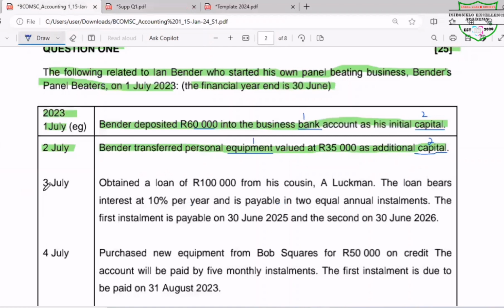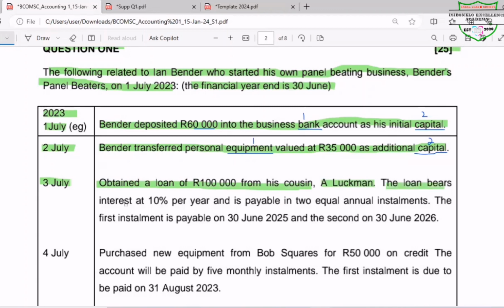The next transaction took place on the 3rd of July. Obtained a loan of 100,000 from his cousin. So the owner obtained a loan from the cousin, A. Lackman. So A. Lackman is the name of the cousin who granted the loan to the owner.